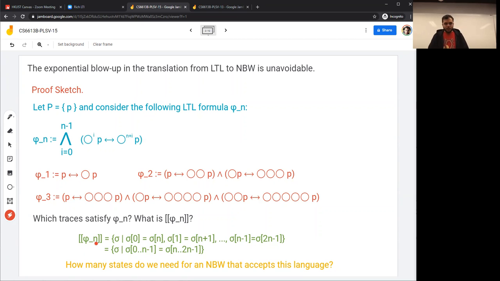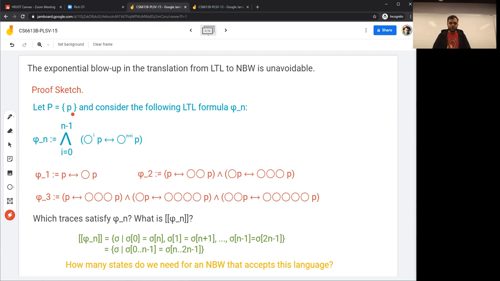Okay, but how many different possibilities are there for the first n indices? Because I have one atomic proposition P that can hold or not hold at each one of these indices. And this gives me 2 to the power of n different cases. Now, consider these 2 to the power of n different cases.